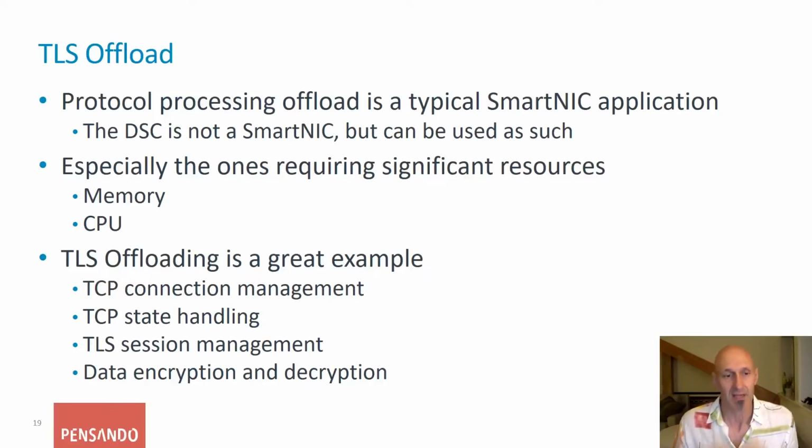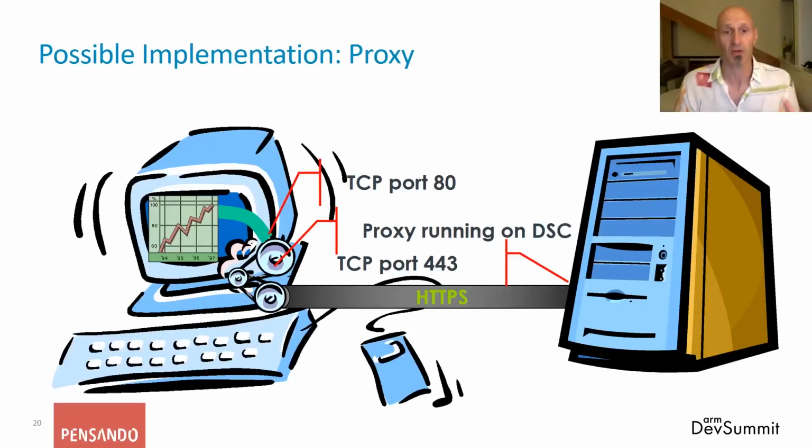And finally, TLS requires data to be encrypted and decrypted, which is computationally intensive. So it's a good example of protocol processing that we may want to offload to relieve the CPU from this.